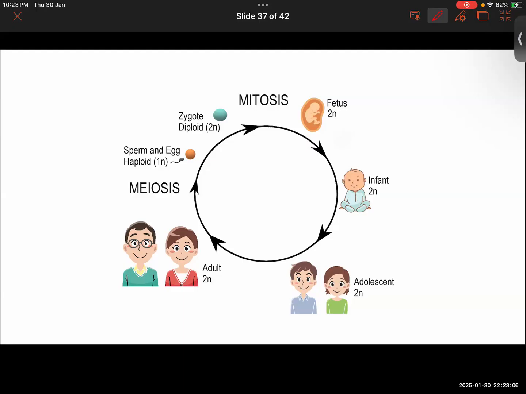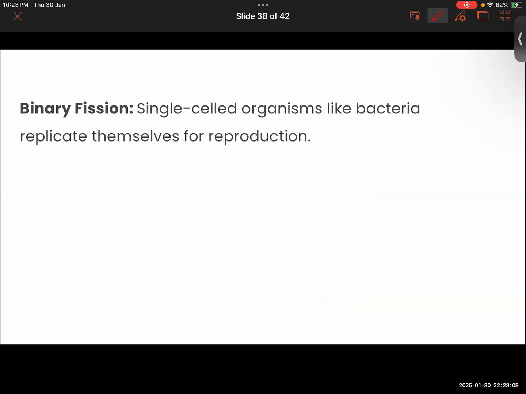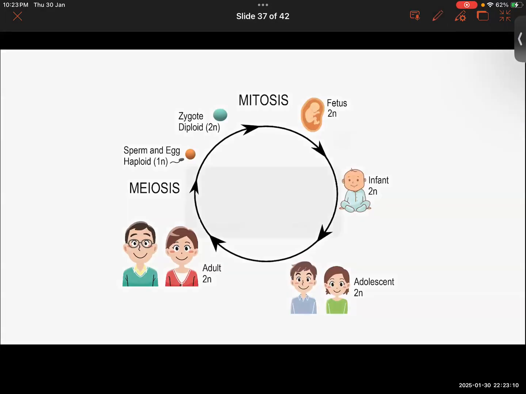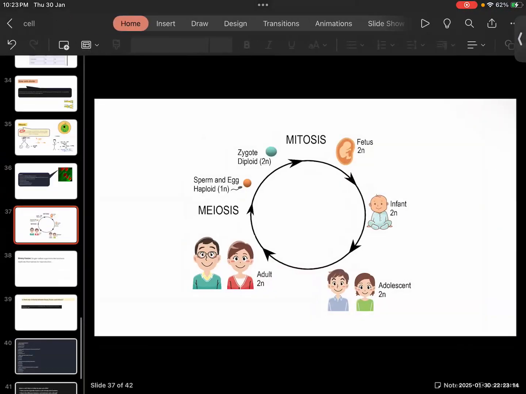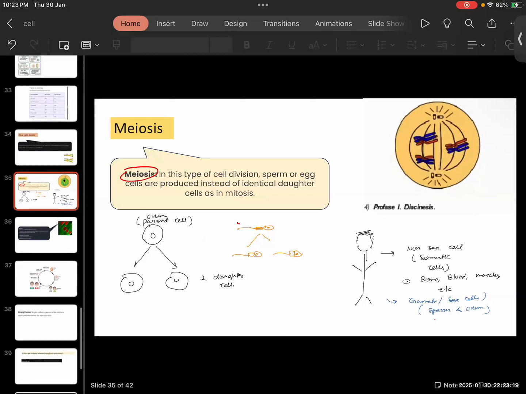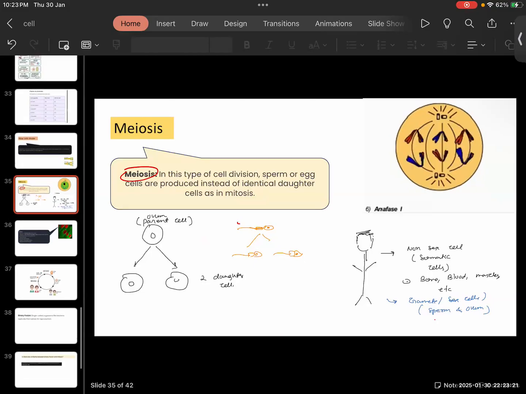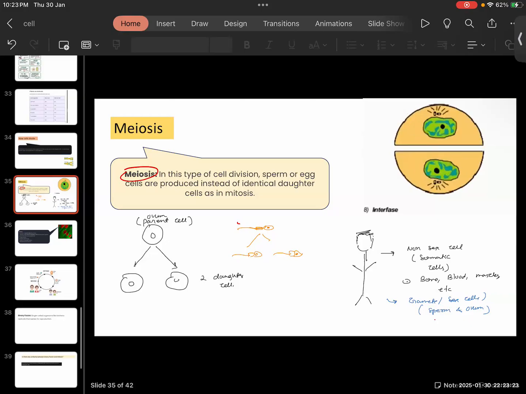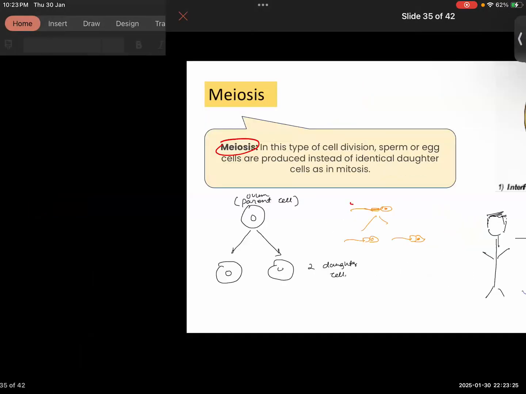Okay. So let me sum up the complete thing which we have discussed over here. By the way, this diagram is a bit incomplete. Just 1 minute.